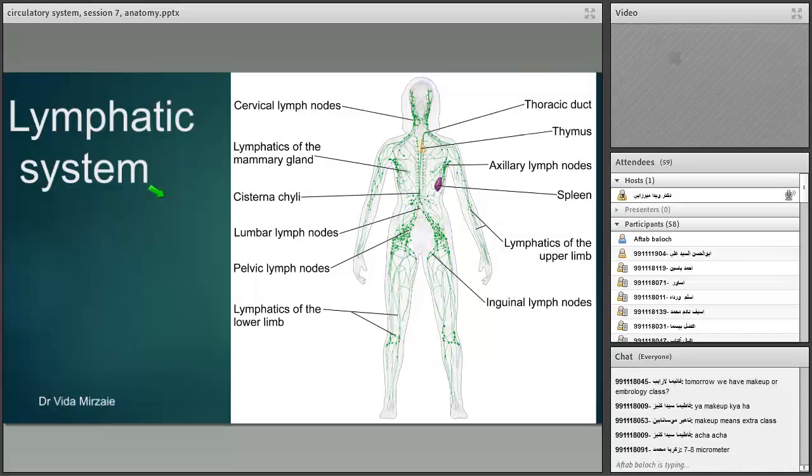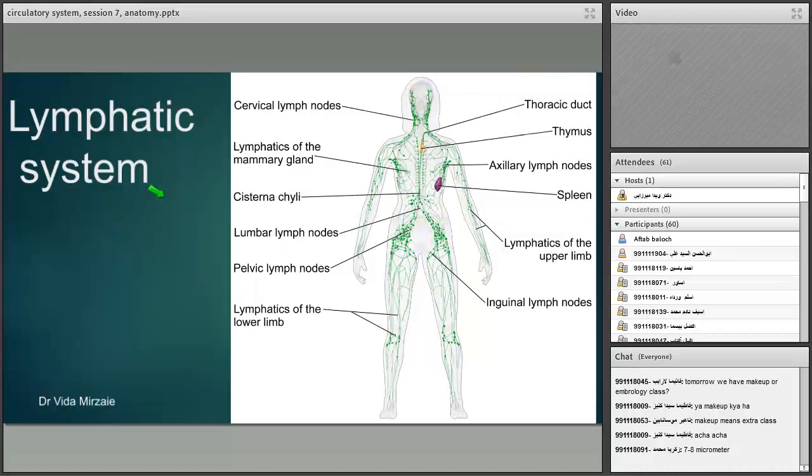When the plasma or the serum is moving inside the capillaries, some of the materials have to exit the capillaries and reach the tissues.